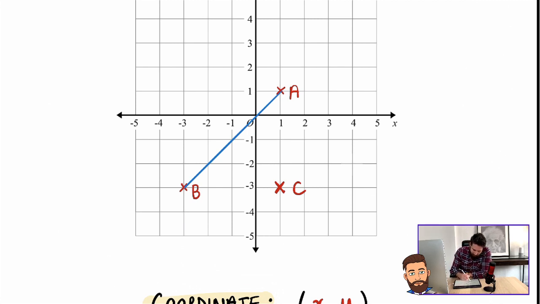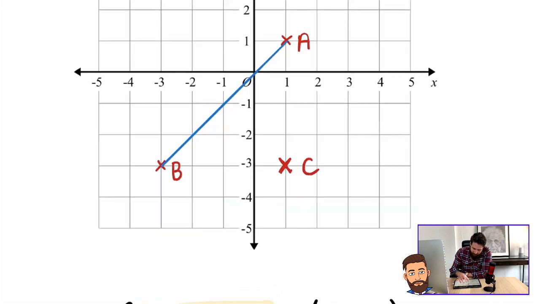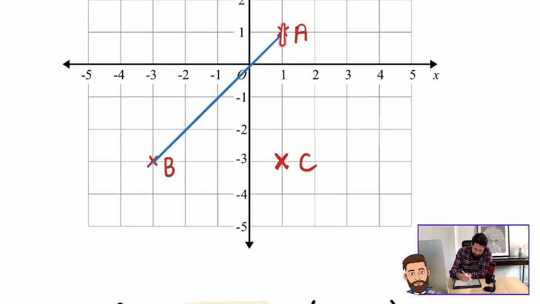If you think in the x plane, to get from A to B, you go across 1, 2, 3, 4. So if you're going across 4 to get from A to B, half of 4 would be 2. So that means the x coordinate would be in this line here.